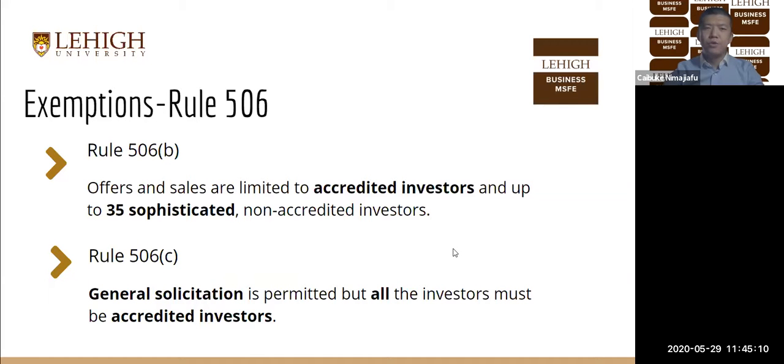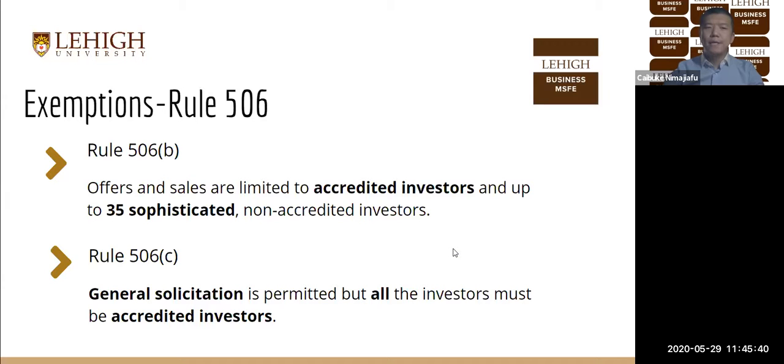First of all, it's Rule 506, B and C. One of the essential differences between the two is that in Rule 506B, the investors can be accredited investors and up to 35 non-accredited investors. Whereas Rule 506C requires all the investors to be accredited investors.